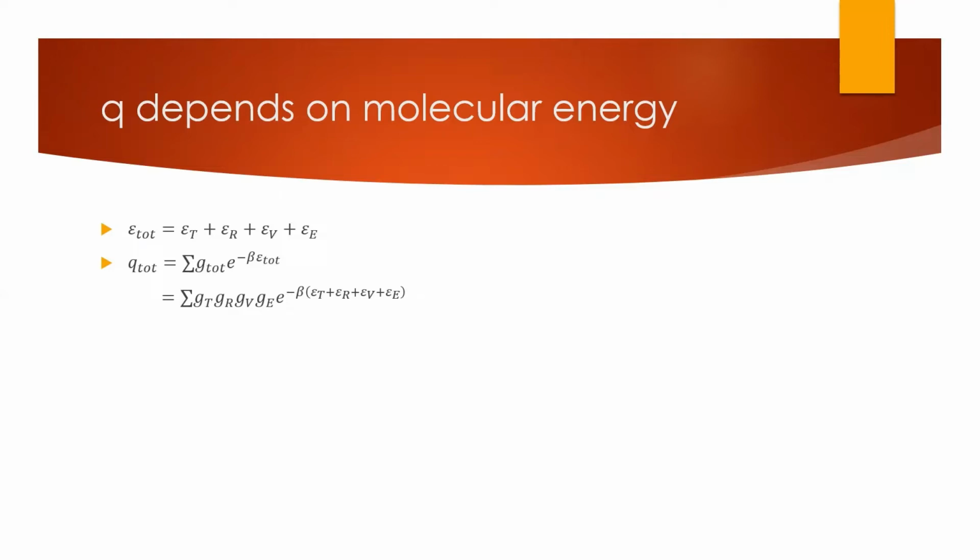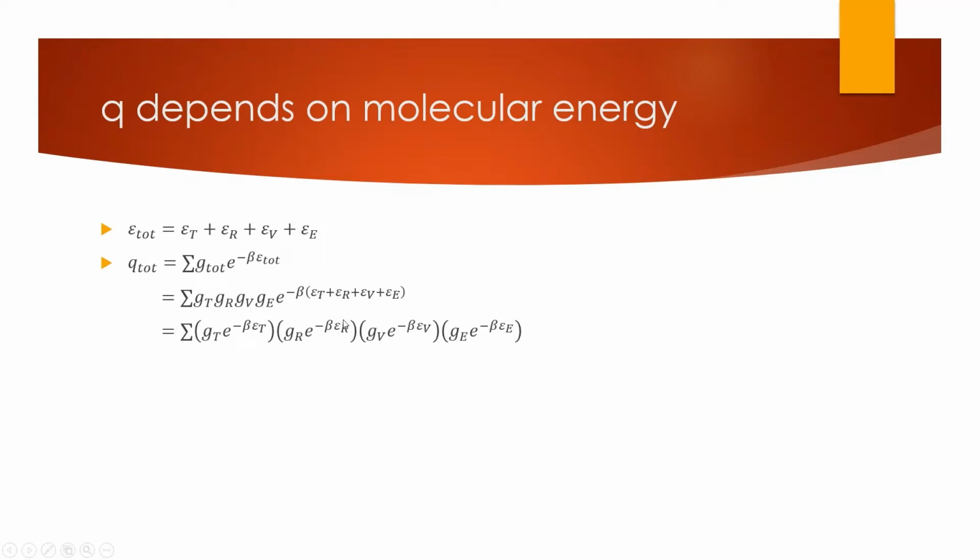With this, we can use exponential properties, pull it apart, and get that q total is equal to the sum of our translational degeneracy times our translational energy levels, and then the rotational, vibrational, and electronic. Now, what are these? Well, the sum of e to the minus beta times our translational energy levels is simply the translational partition function.